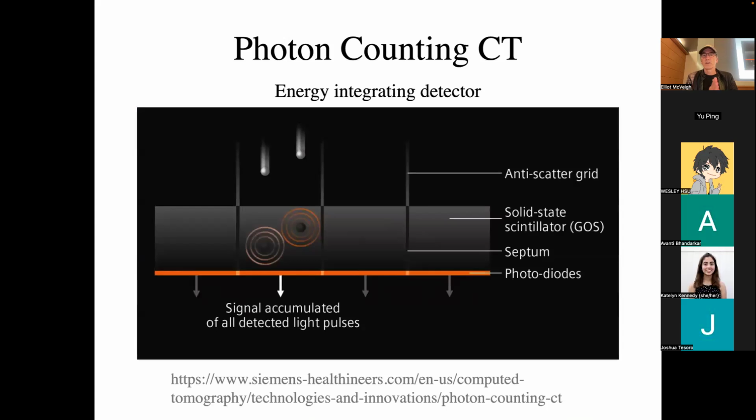Okay, so what we're going to look at is the difference between a modern version of detecting X-ray photons that come out the back of the patient. In order to measure this shadow, we need to have differential signals on our detector. The things we're detecting are photons coming out the back.